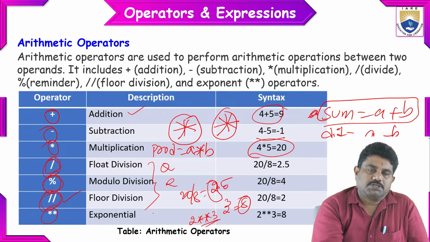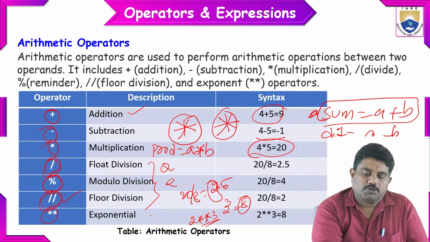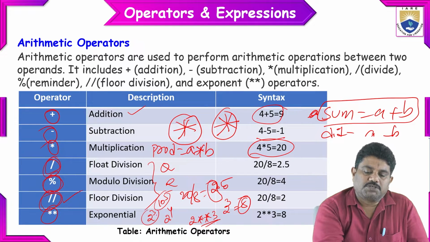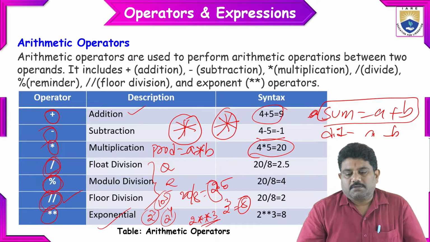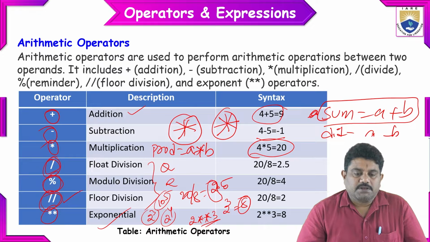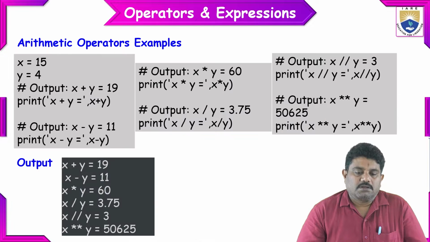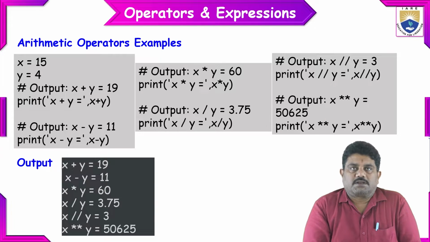So to mention a power, for example 2 power 4 or 10 power 5, we will go for exponential. These are the various arithmetic operators, and we will see some examples.